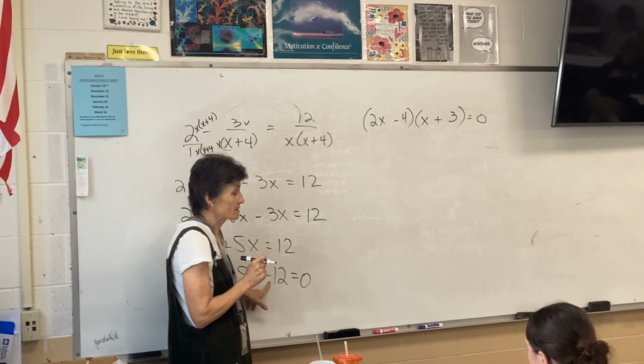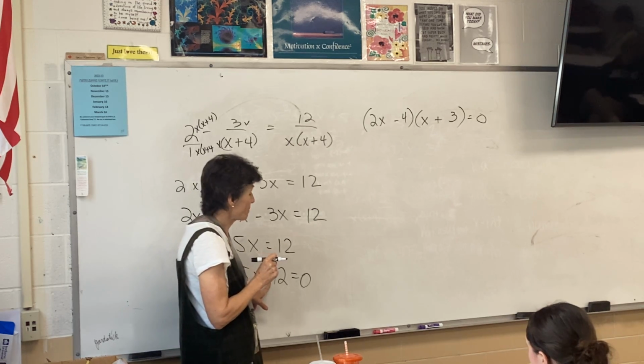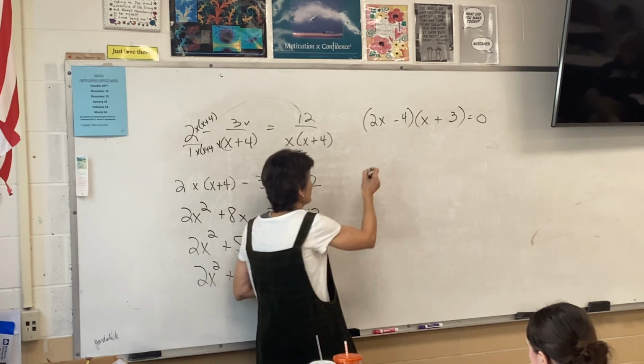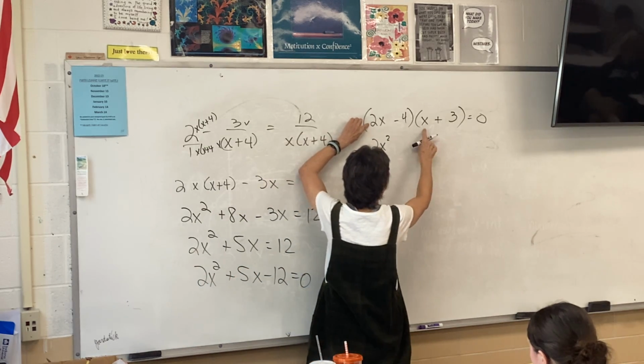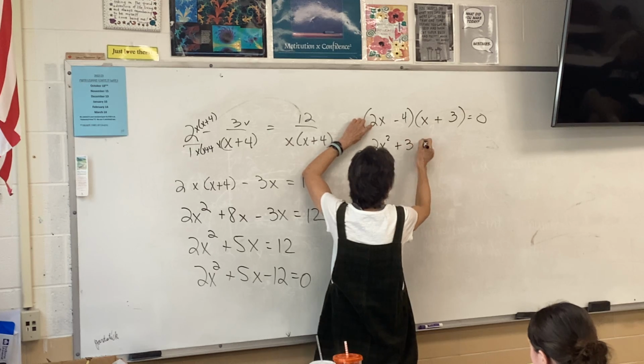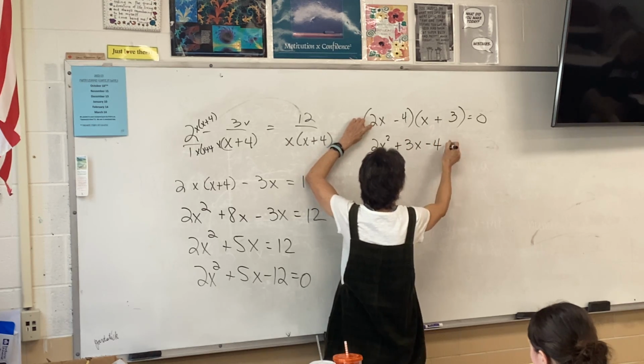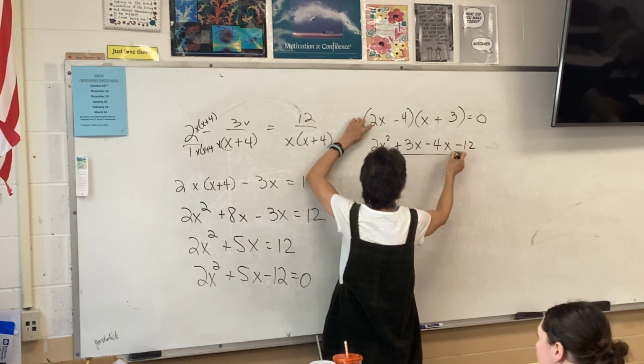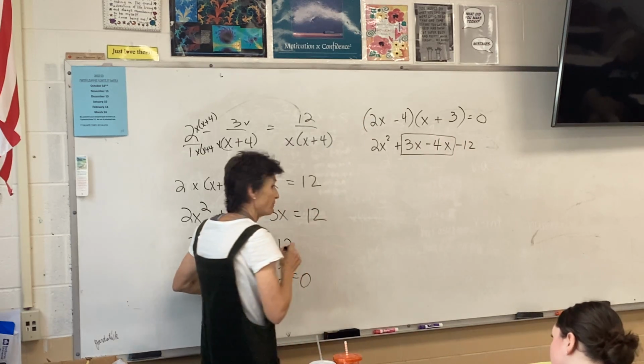Now I'm going to check this. I don't think it's right, but it's my first guess, so I'm going to go ahead and check it. So 2x squared plus 3x minus 4x minus 12. That is not going to work because I need a 5.